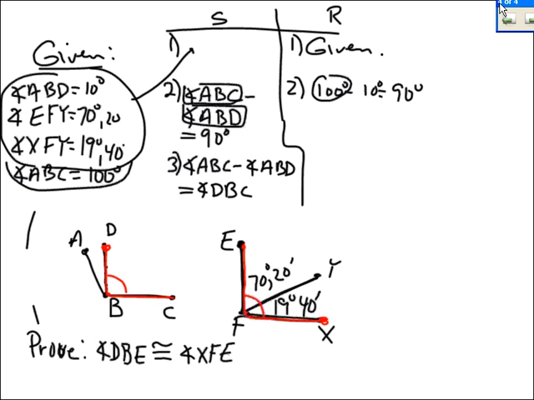Now, the reason for this, I'm at a loss. But basically all I did was subtract. I had angle ABC, and I took away this little piece here. That is, I took away angle ABD, and I am left with angle DBC.